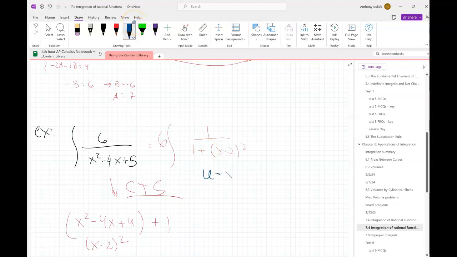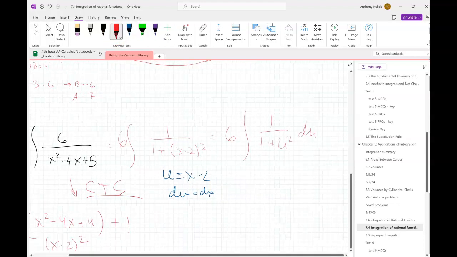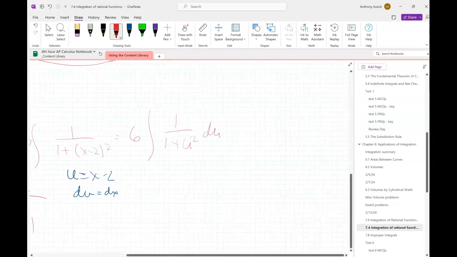Now I can u sub this with x minus 2. What's the antiderivative of 1 over 1 plus u squared? Tan inverse. Yes.